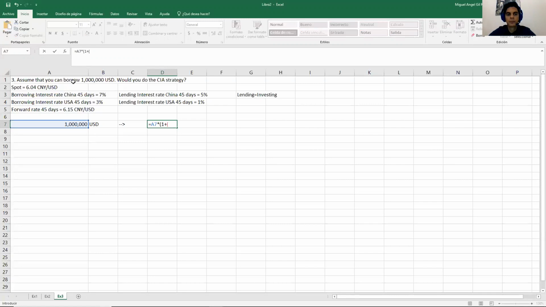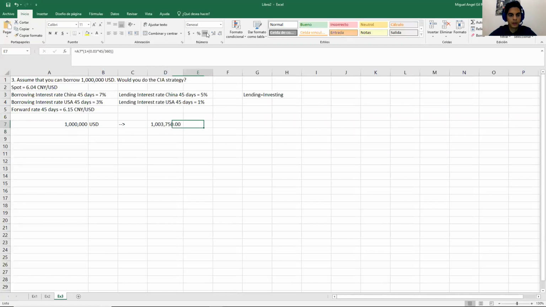In here it says assume that you can borrow. So use the borrow rate of the US at 45 days. So in here it will be 0.3 times 45 over 360. Okay, so this is the amount of dollars that I will have to pay by the end of the contract.